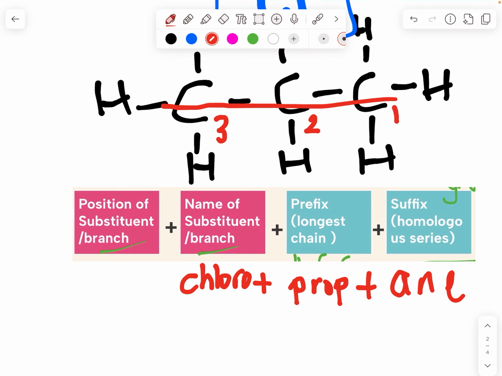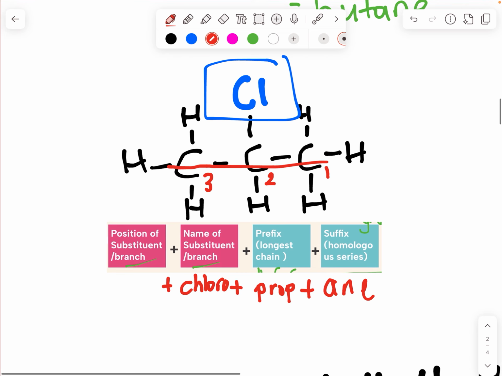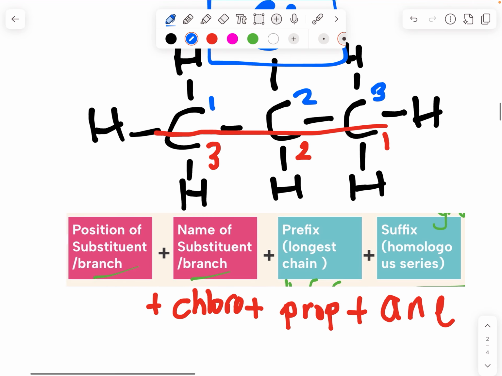And of course, we cannot forget to identify the position of the chloro. In this case, chloro is on carbon number 2. If I were to do it the other way around, it would still be 1, 2, 3. No matter which way we take it, chlorine is still on carbon number 2, so the lowest possible number for chlorine is 2.